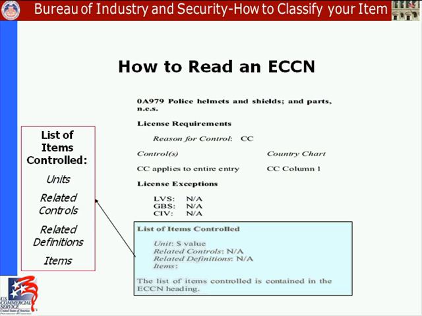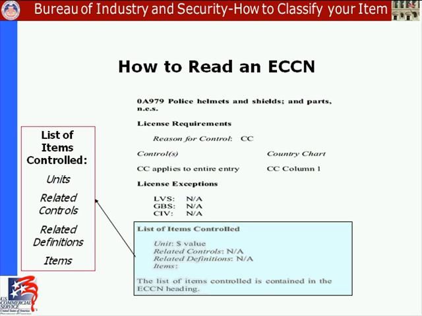So you should look at the other related ECCNs in order to finally determine why it is not in the other ECCN, why it should be in this ECCN. If you don't look at other related ECCNs, you won't have the assurance that your items are definitely under this ECCN. Okay. So please read all the related ECCNs.